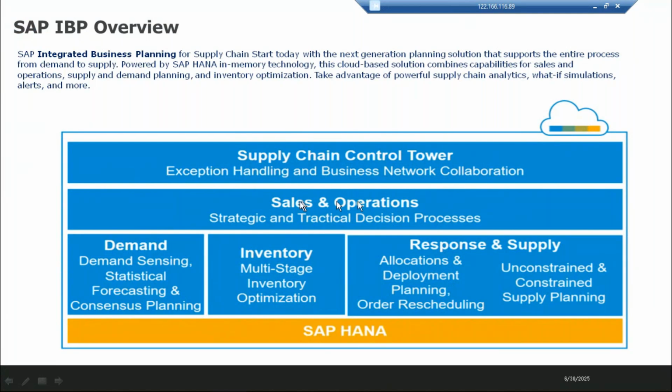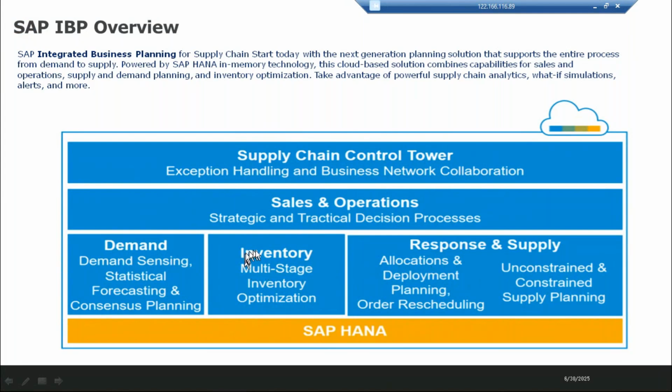If it is a big company that wants a lot of end-to-end scenarios in demand planning, they need to take an additional license of the IBP demand module and implement IBP demand. Similarly, if they want all the functionalities of supply planning, they need to take an additional license of the response and supply module.